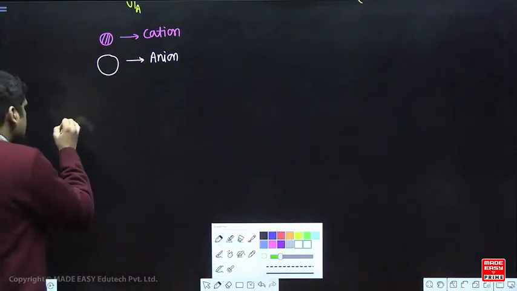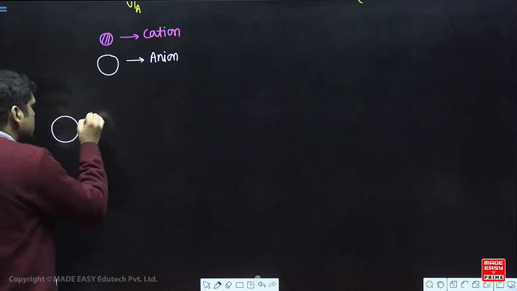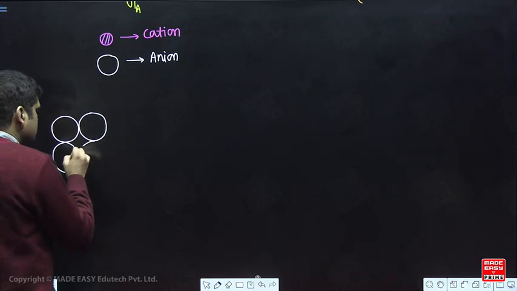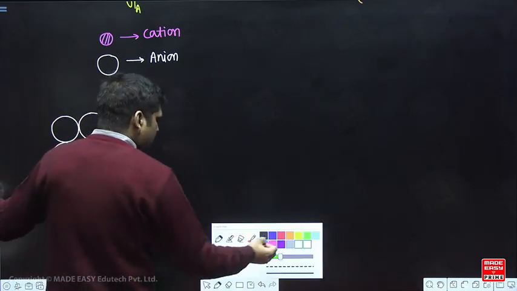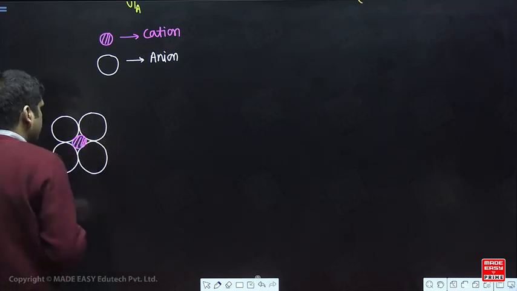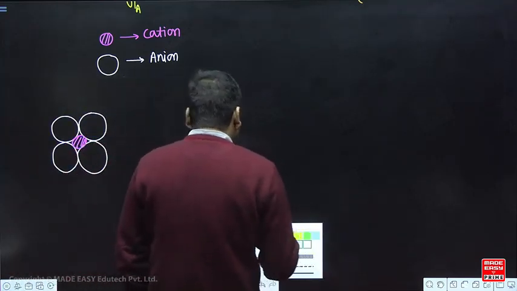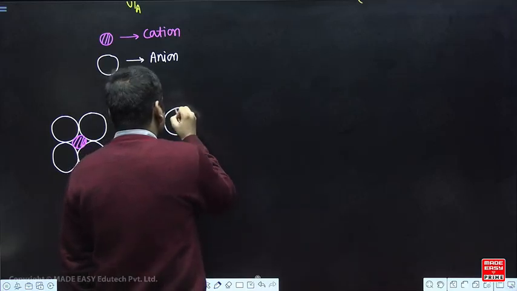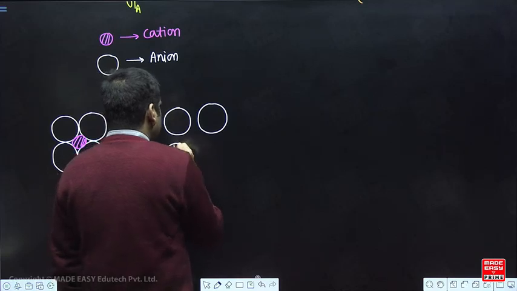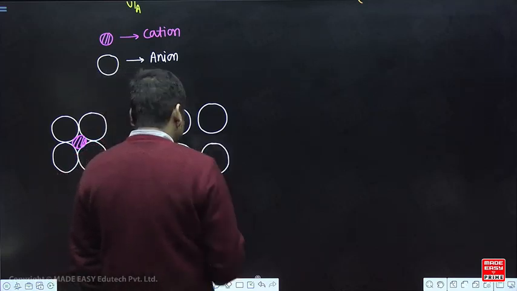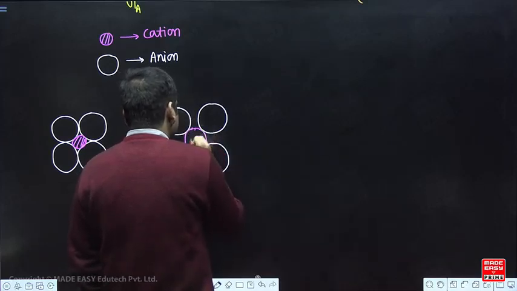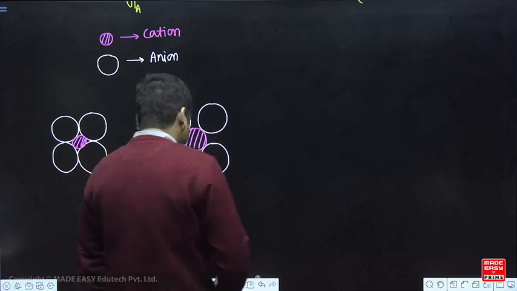Have a look. Let us suppose this is an anion, this is an anion, this is an anion, and this is an anion, and there is a cation between these anions like this. This is the cation, one structure. Then another structure here, with anions around and a cation.